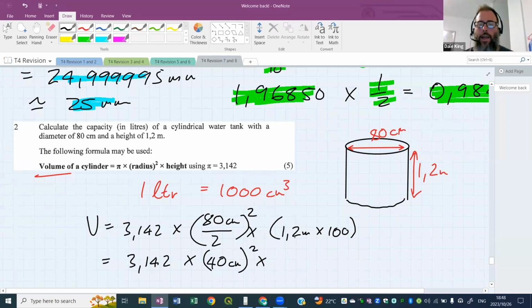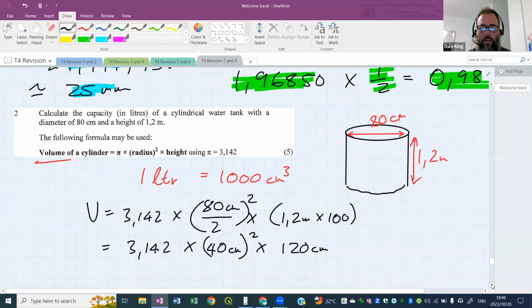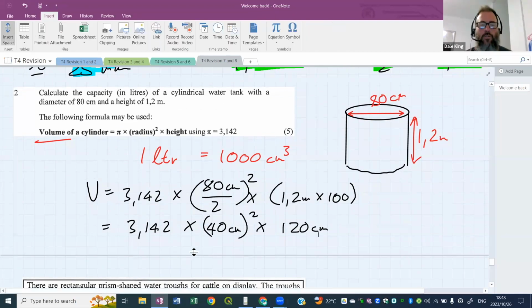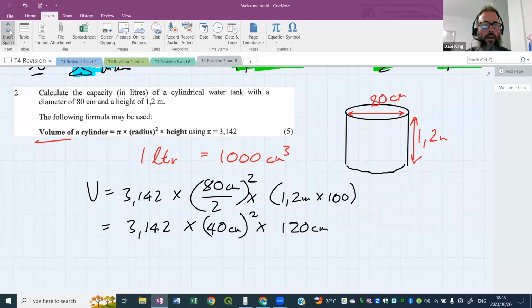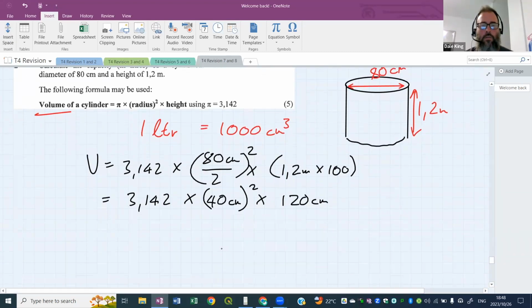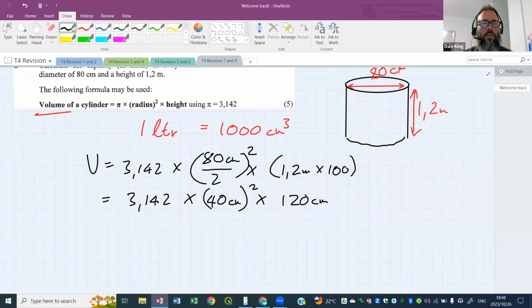And 1.2 times 100 is 120 centimeters. So before we even touch the calculator, we've got to get everything into this formula in the correct format. This is why Kia always says, show your units, because you don't want to put different units into this formula. They're all going to be the same.